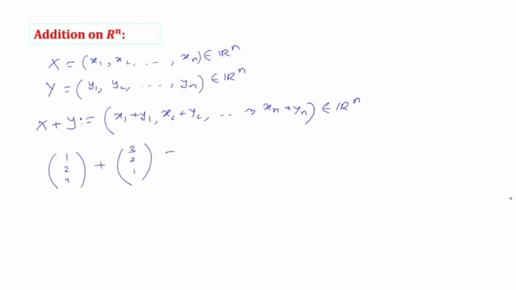For example, let's take (1, 2, 4) plus (3, 2, 1), which are members of R3, and if you add them, it will be 1 plus 3, 2 plus 2, and 4 plus 1, which is (4, 4, 5), and it is also a member of R3.